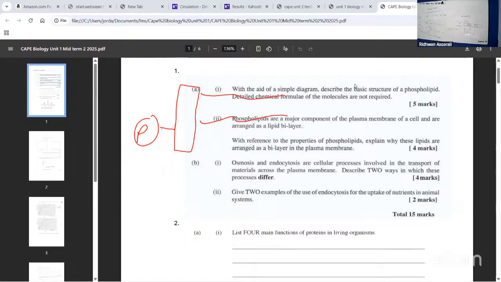The hydrophobic tails interact with each other, or join up next to each other, because they're trying to avoid the water. So the hydrophilic heads interact with the water outside the cell, and the hydrophobic tails interact with each other, which is the non-polar part. So it has another tail here and another phosphoric acid head down here.